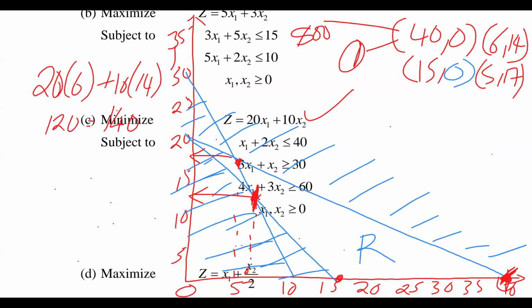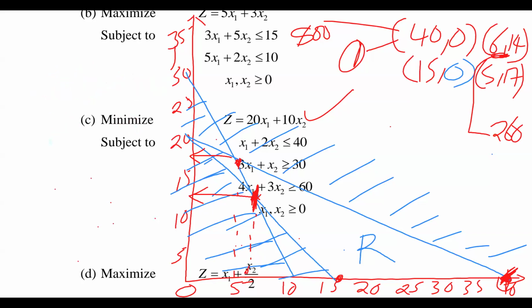So it will be 260. Okay. We'll just write 260 for the second one. Let's go on to the next one.